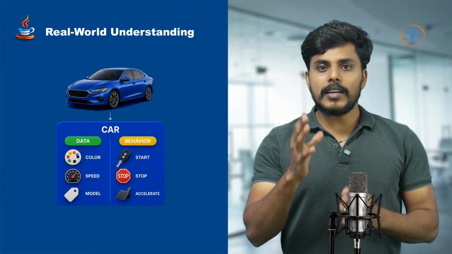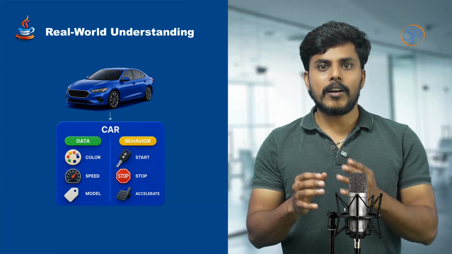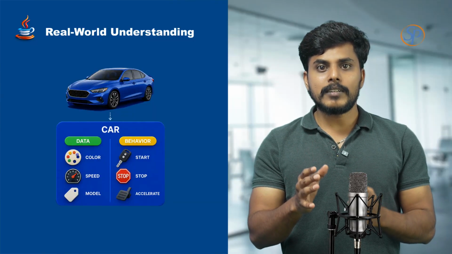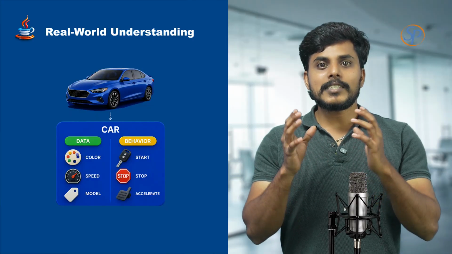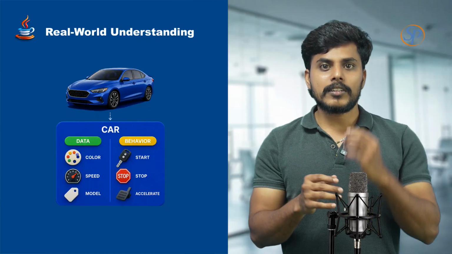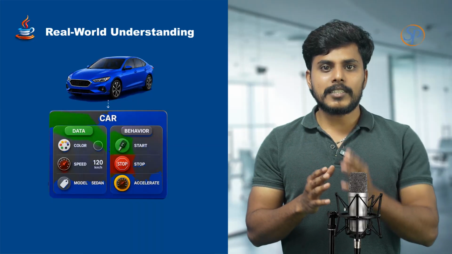Real world understanding. Now let's understand this with a simple example. Think about a car. You already know a car has some data like color, speed, model, and at the same time it also has behavior like start, stop, accelerate. Now here is the interesting part.